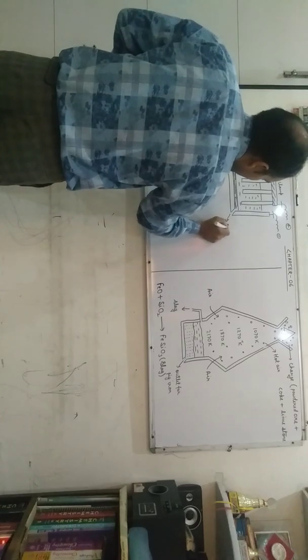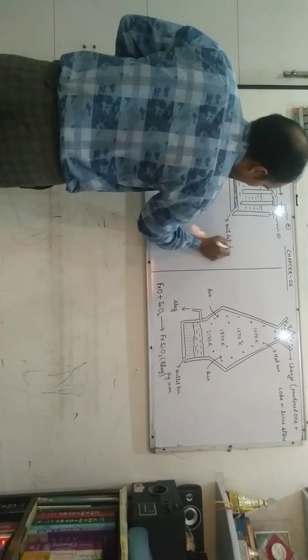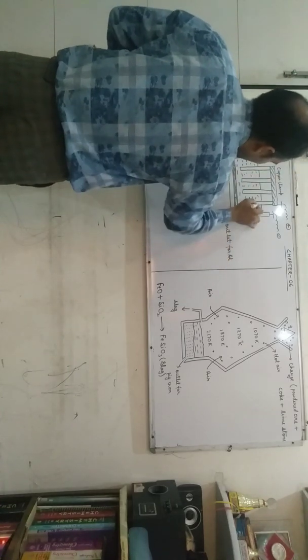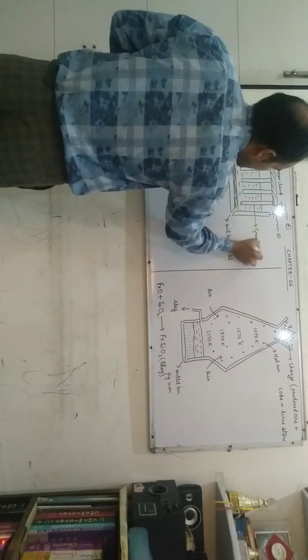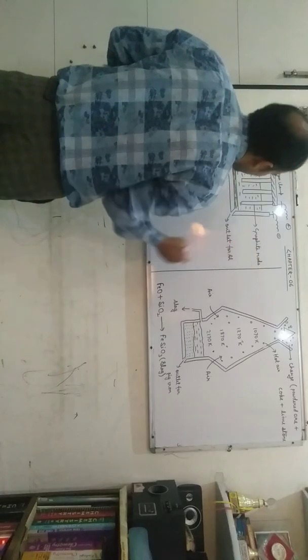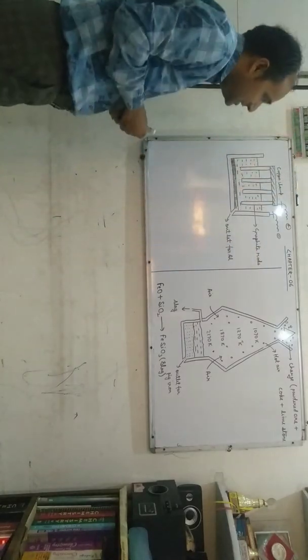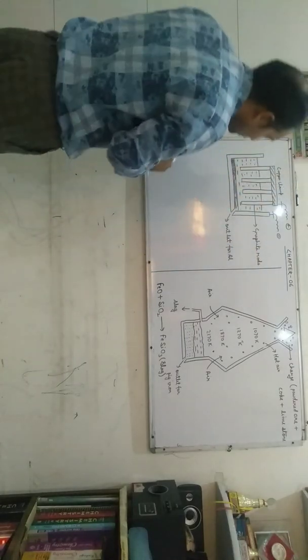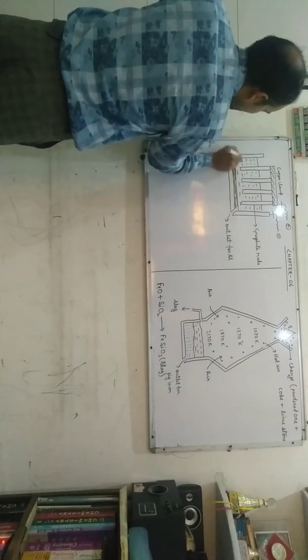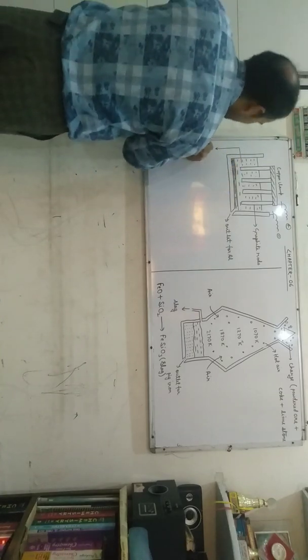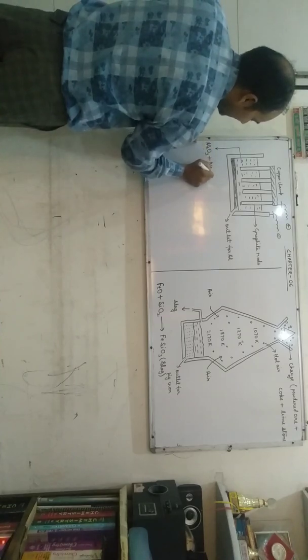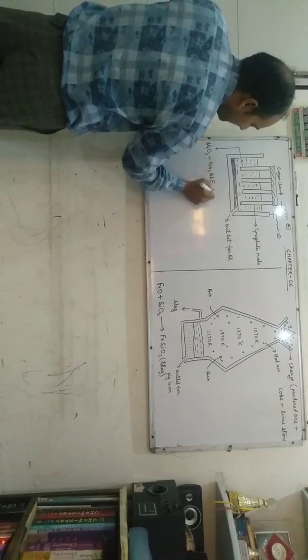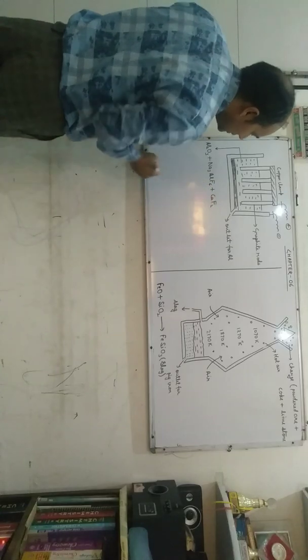Here is the outlet for aluminium. The graphite rods act as anode and the steel vessel acts as cathode, and this is the mixture of Al2O3, Na3AlF6, that is called cryolite, and fluorspar CaF2.